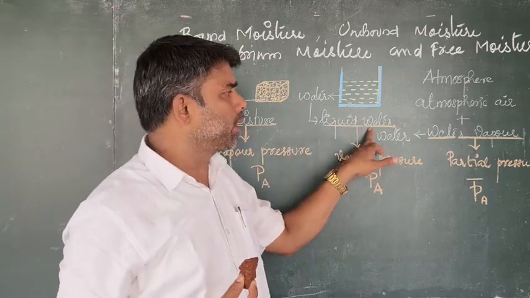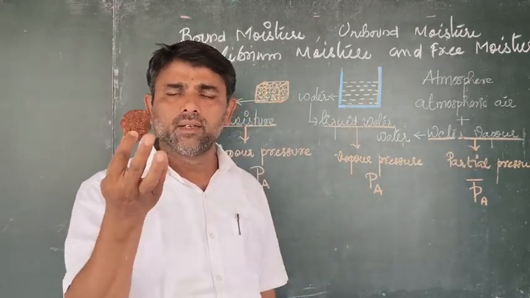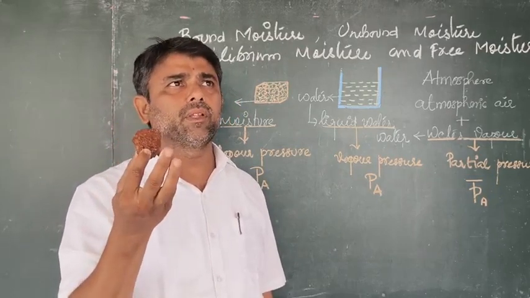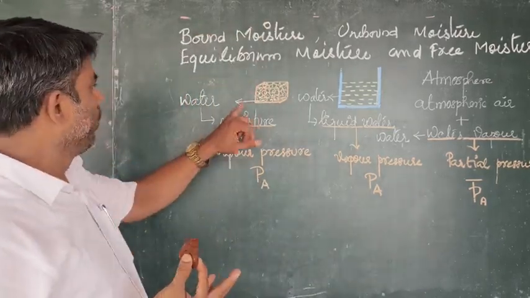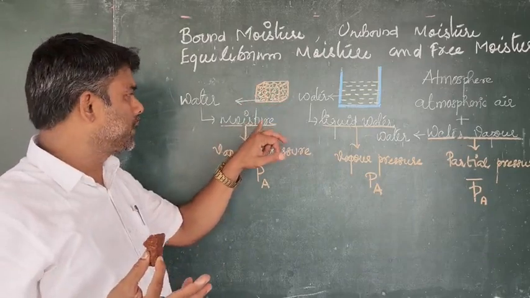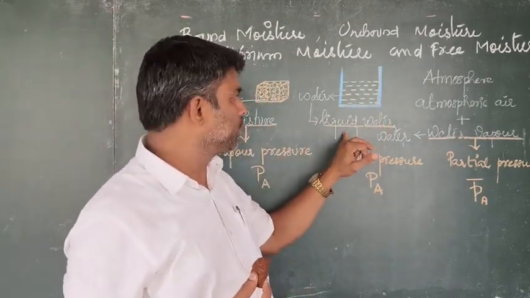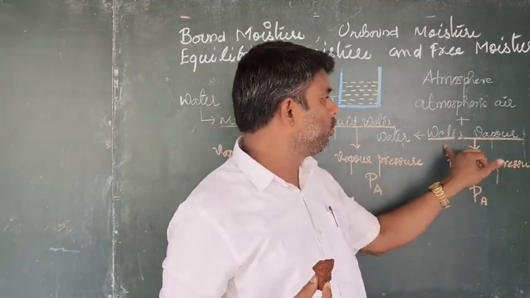Moisture, liquid water, water vapor, all are water; the presence is entirely different. Water present in the brick is called moisture. Water present in the beaker is called liquid water. Water present in the atmospheric air is called water vapor.